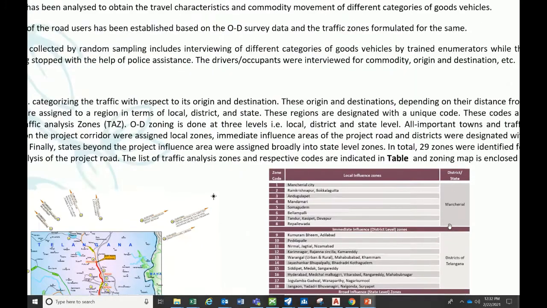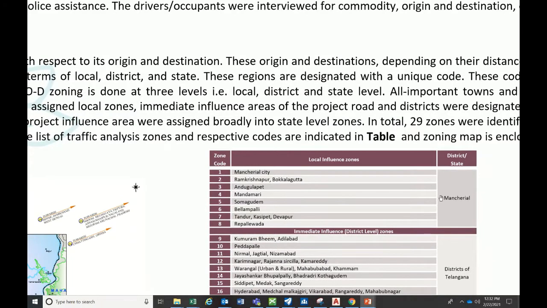Suppose your road is in some district, now consider our road is in Mancherial district, so they have divided the important towns nearby that district and given the numbers 1 2 3 4 5 6 7 8. No need of any particular format. This is for our understanding.